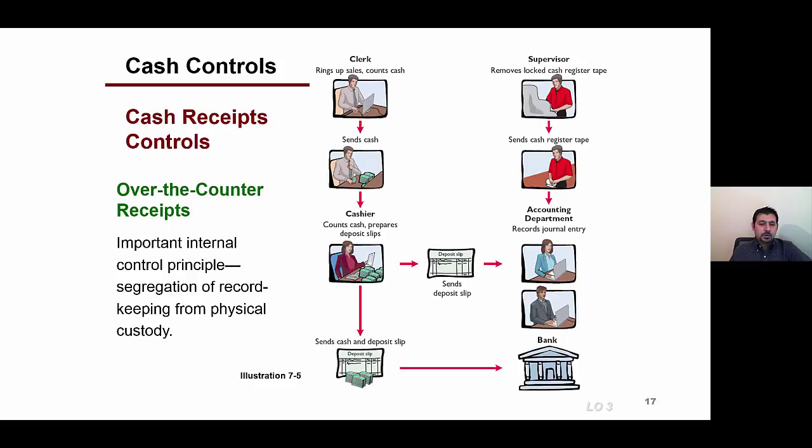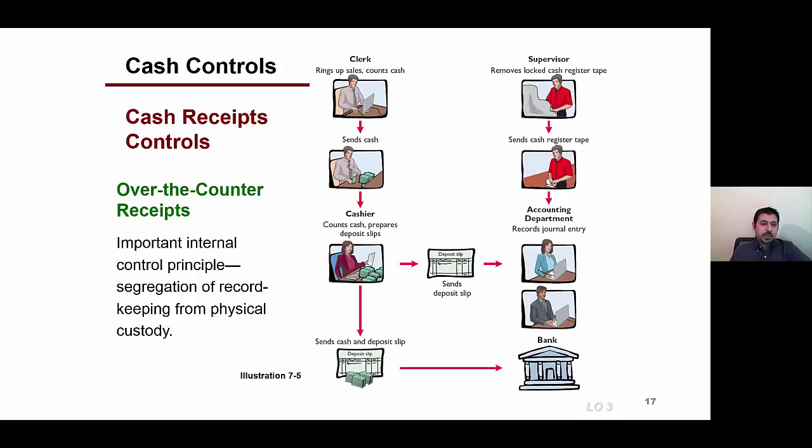And then at the end of the day, the clerk would send the cash to the cashier, who would prepare deposit slips and deposit them at the bank. So they would send the cash and the deposit slip to the bank, and then they would send a copy of the deposit slip to the accounting department. Now, the cash register tape is locked, and neither the clerk nor the cashier has access to it.